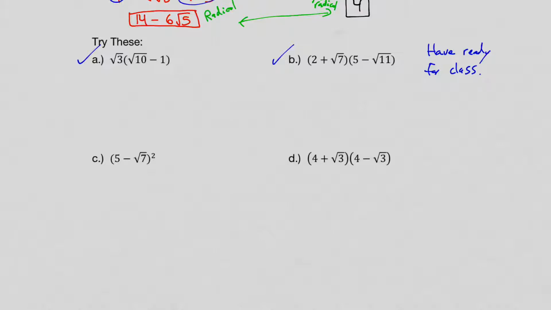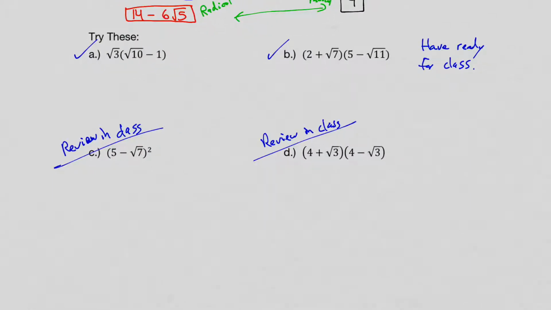And the ones I'm going to actually go over in class will be C and D. Okay, just to summarize the multiplication part. Alright, so go ahead and work on that. You can work on all four if you want, but I'm going to be reviewing C and D in class.